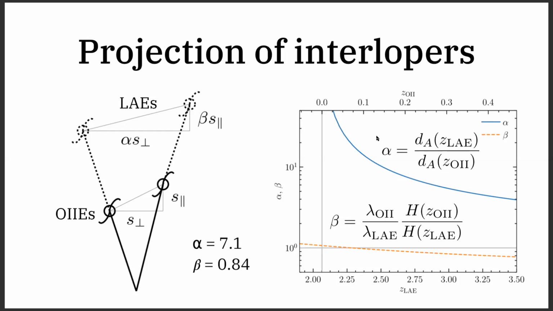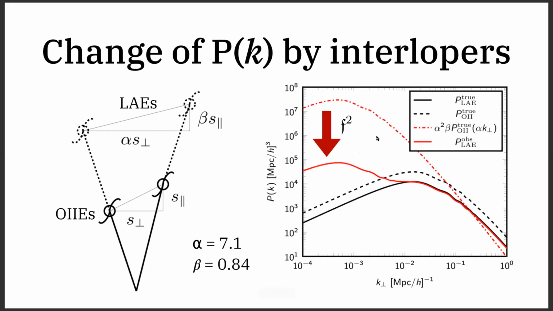Okay. So what's the effect on the power spectrum? That's what you use to measure the distance. So this is the LA power spectrum, and that's the O2 power spectrum in the rest frame. Because we chart this low redshift galaxy to high redshift, you get the small scale power spectrum and artificially boost that to large scale.